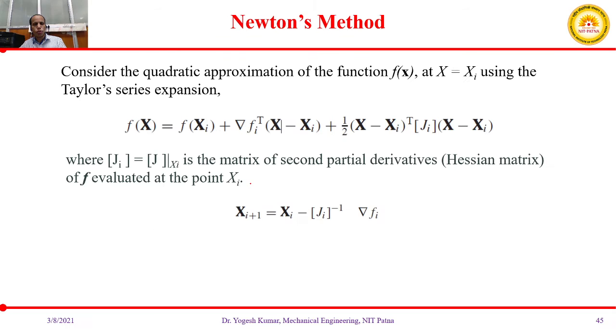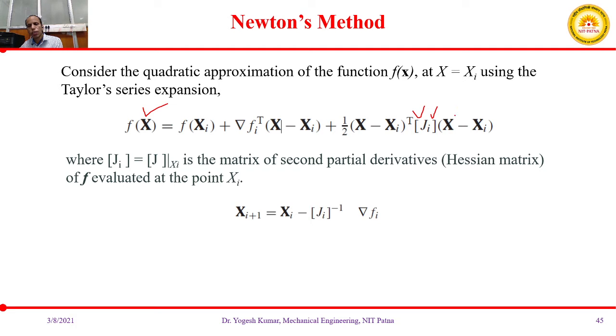Okay, so talking about Newton's method, suppose we have a quadratic function f(x), and we know that using Taylor expansion we can denote any quadratic function as f(x) equal to f(xi) plus gradient of f(xi) times (x minus xi), plus half of (x minus xi) transpose Jacobian.